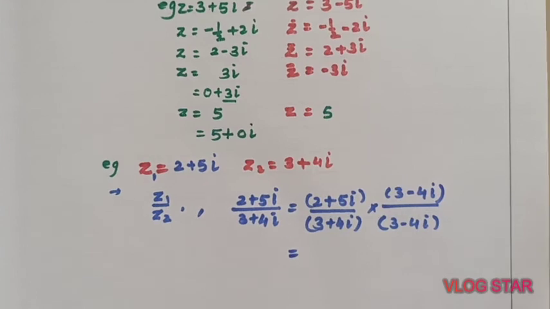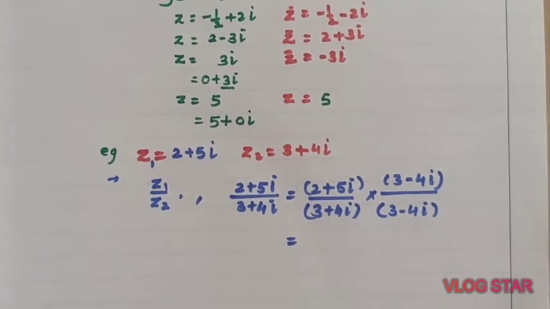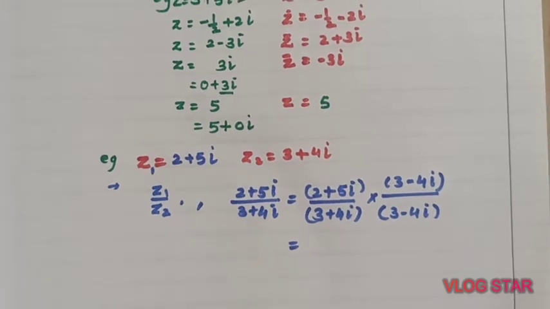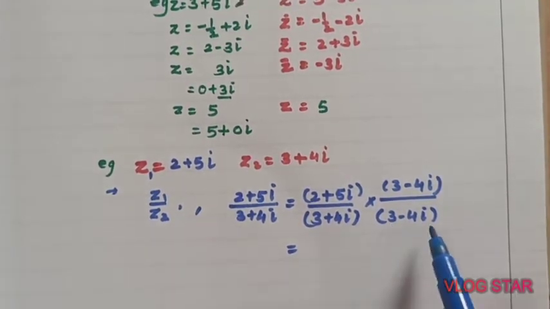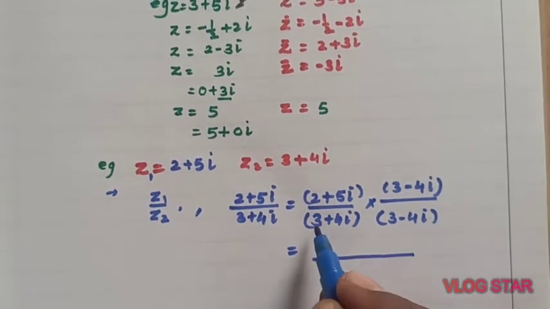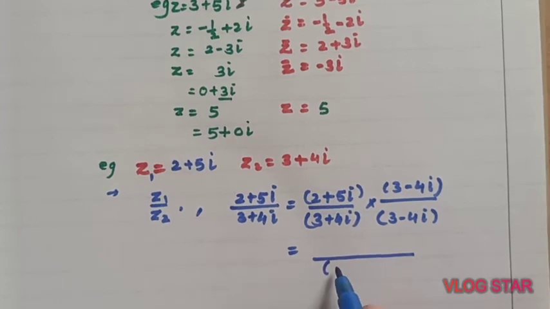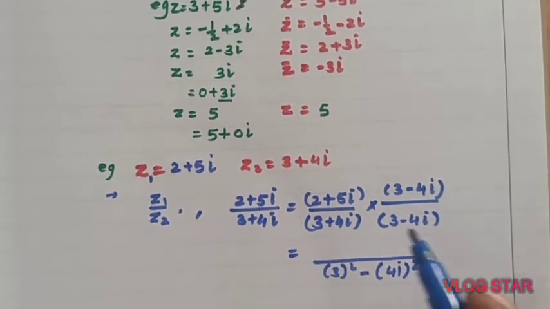First of all, focus on the denominator because our focus is to make the denominator real instead of complex. So apply a plus bi, a minus bi. The denominator becomes a square minus b square. So 3 square minus 4i square. Normal algebra law, isn't it?